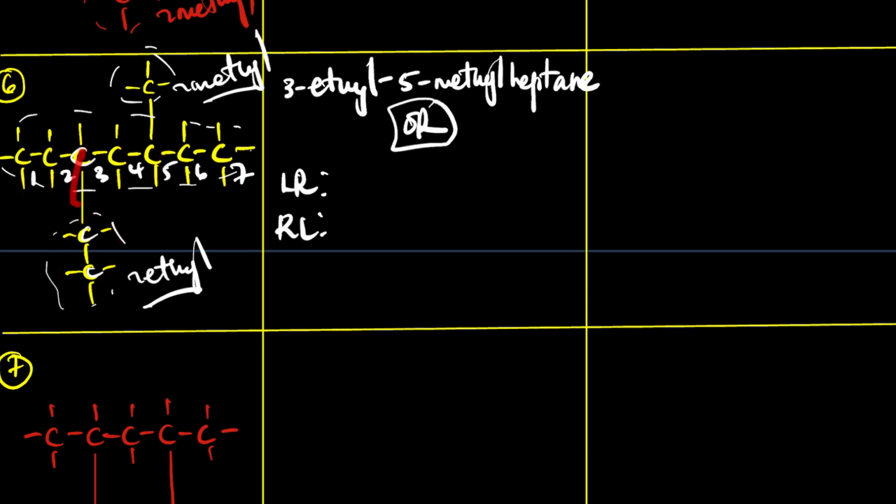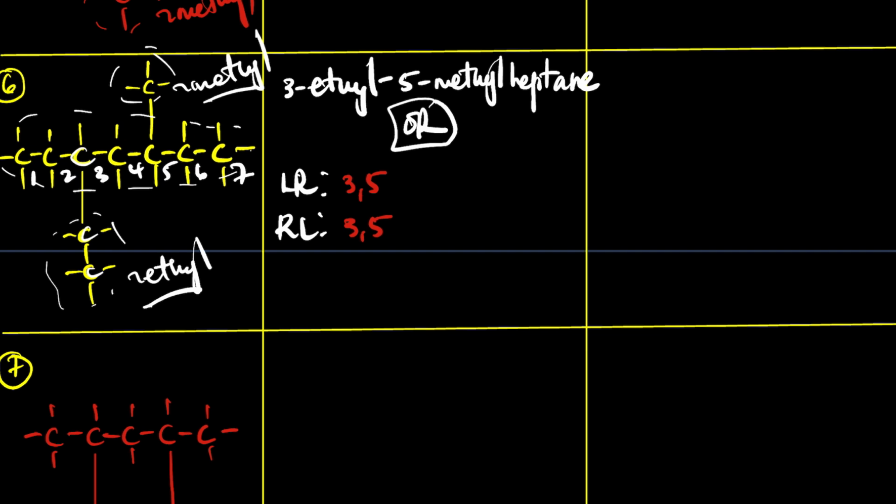So it's 3 and 5 from left to right. Our branches are 3 and 5. And then let's look from this side, right to left. 1, 2, 3, 4, 5. That's what? It's 3 and 5 as well. So in this case, it proves that on any side, you can number 1, 2, 3.